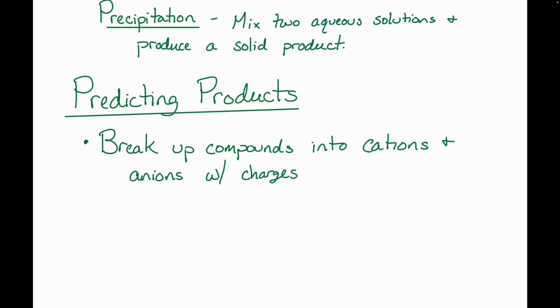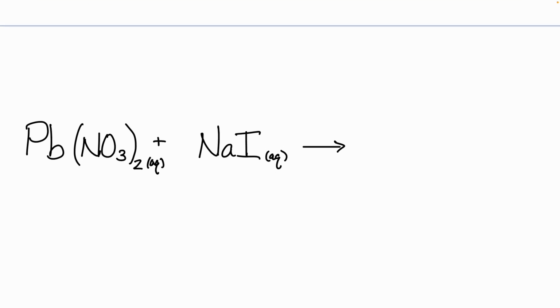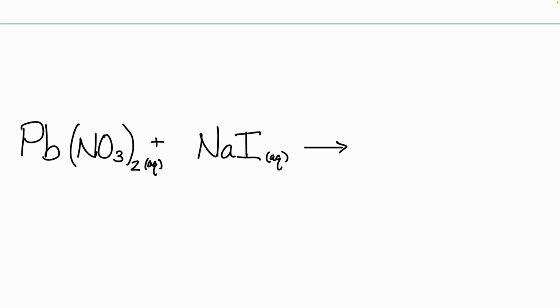It's all about the charges. So I need to look at my chemical formulas here, much like the same process we did when we were doing our nomenclature. We have to write down our ions here. We have a lead ion, and a nitrate ion, and a sodium ion, and an iodide ion. But the key here is going to be the charges of those ions.